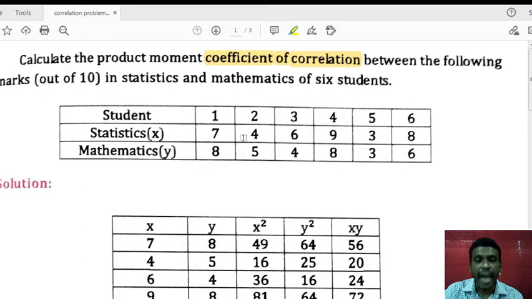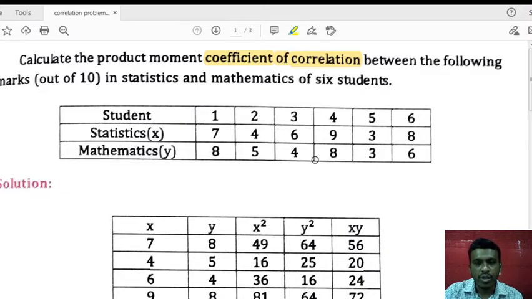If ranks had been given, for instance, if we give ranks to students based upon their statistics marks, then the highest scorer in statistics, that is student number 4, will get first rank. Similarly, student number 6 will get second rank, and so on.